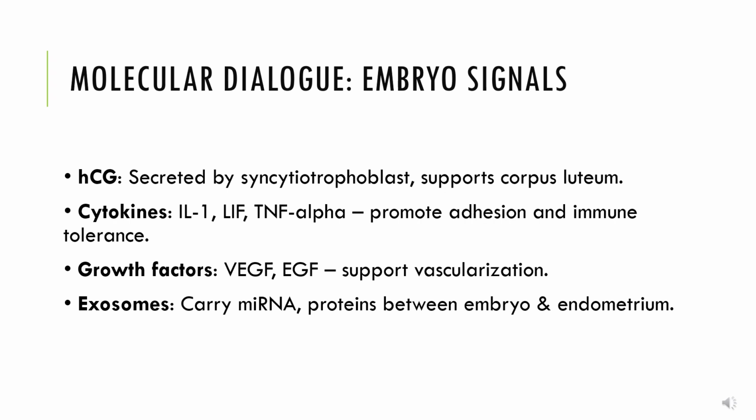Growth factors like vascular endothelial growth factor and epidermal growth factor encourage blood vessel formation and growth. Even tiny vesicles called exosomes, carrying genetic material and proteins, travel between embryo and endometrium to enhance communication.